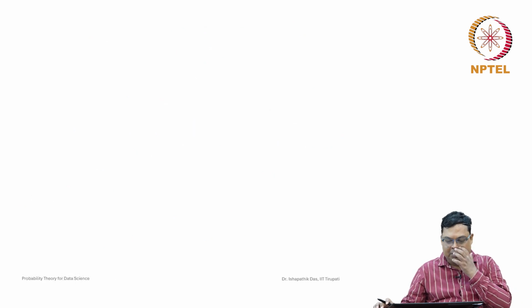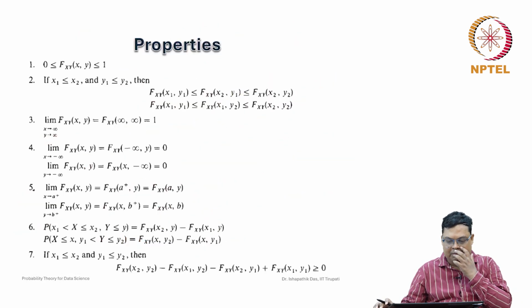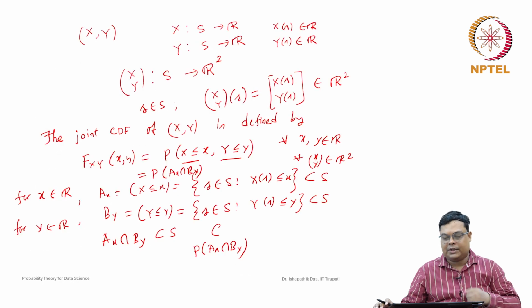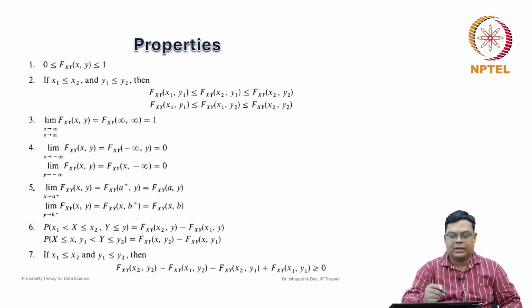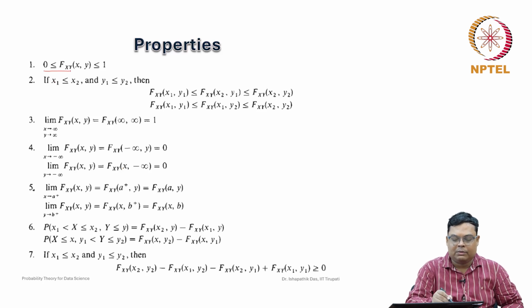Now, we will discuss some of the properties of this cumulative distribution function. Since it gives a probability, it is very clear that F_XY(x, y) must belong to the interval between 0 and 1. The next property: suppose x1 is less than or equal to x2 and y1 is less than or equal to y2.